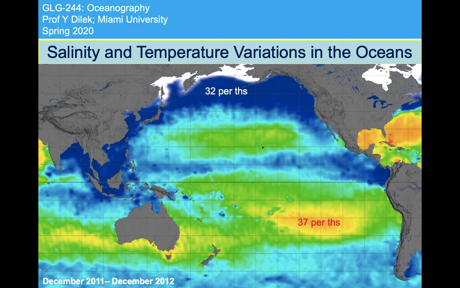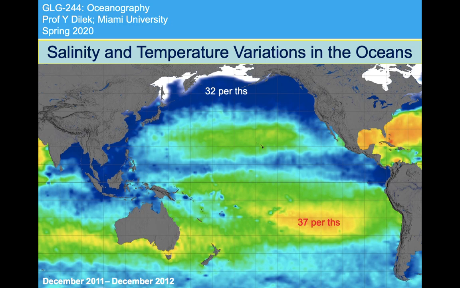We also talked about pH of seawater, that is the acidity of seawater, and the ocean acidification problem in the global ocean system. We're going to get back to this ocean acidification problem later in the semester, but today we're going to talk about salinity and temperature changes in the oceans, both at the surface and with depth.